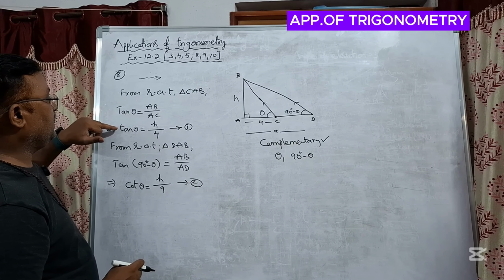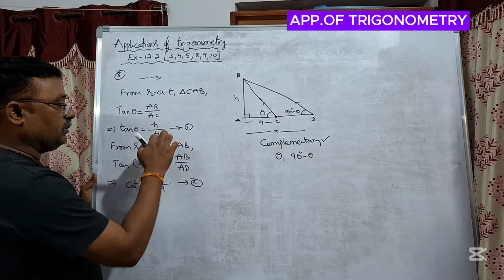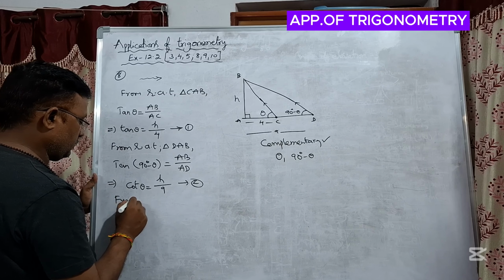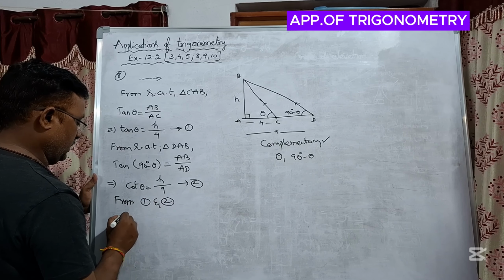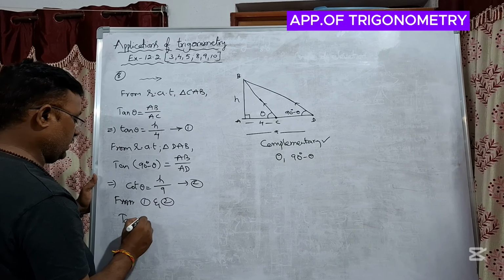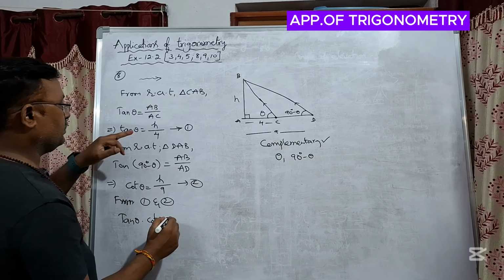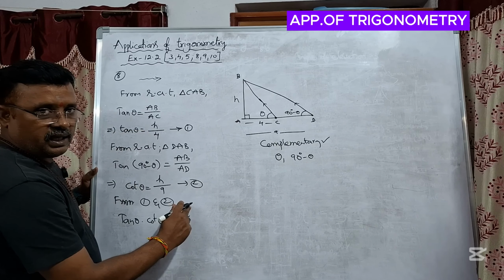Now here tan theta is h by 4, here cot theta is h by 9. I want to multiply them, from 1 and 2. Tan theta into cot theta is equal to h by 4 into h by 9.